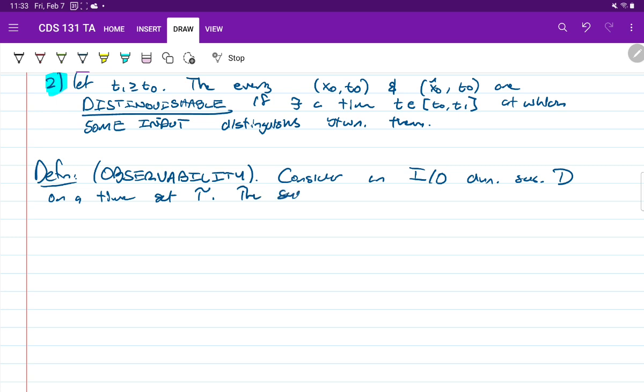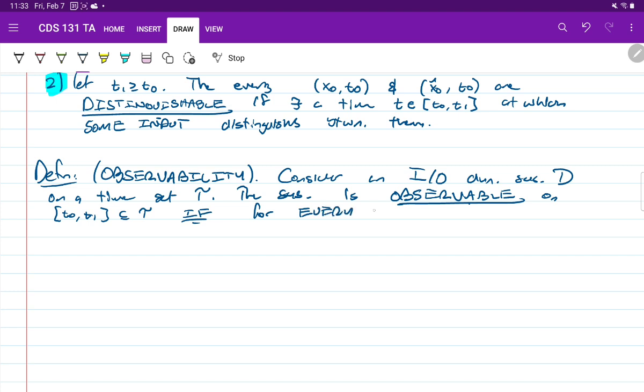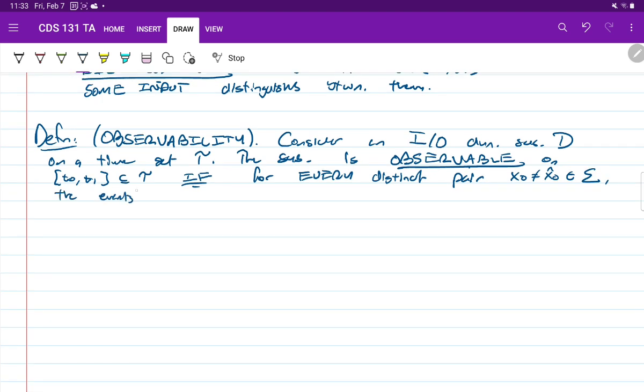So I'll say that the system is observable on the interval [t0, t1], which is a subset of T, if for every distinct pair of states, okay, states that are not equal to each other, x0 not equal to x0 hat, belonging to my state space, the events x0, t0 and x0 hat, t0 are distinguishable on the interval [t0, t1].